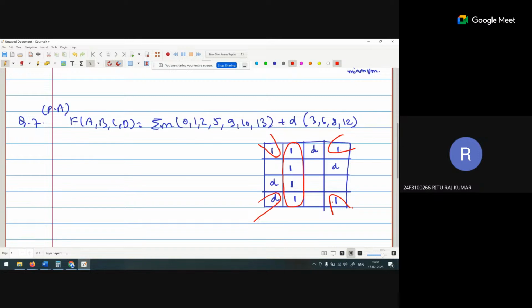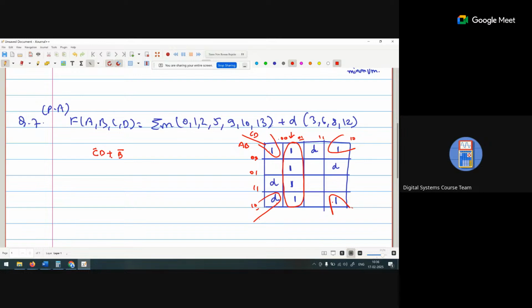Yes, sir. So now for A, B and C, D, 00, 01, 11, and 10, and 00, 01, 11, and 10. For this group, the C and D values will be constant, so C bar D, plus. Now for the corners, first we check the row: the B term is constant, the value is B bar.